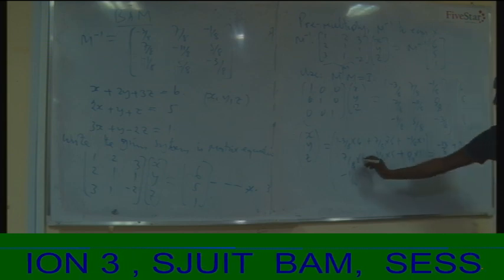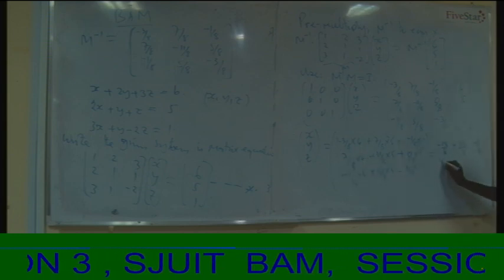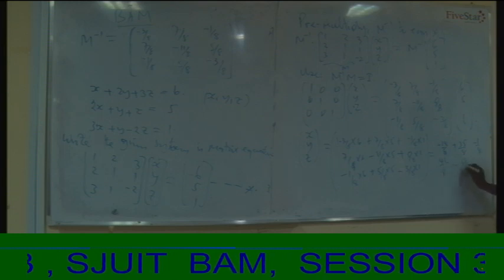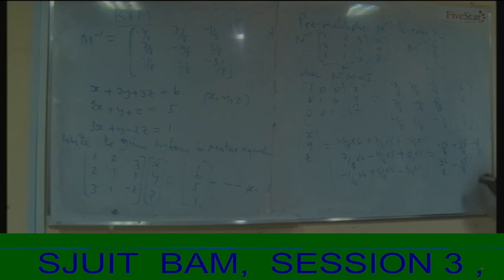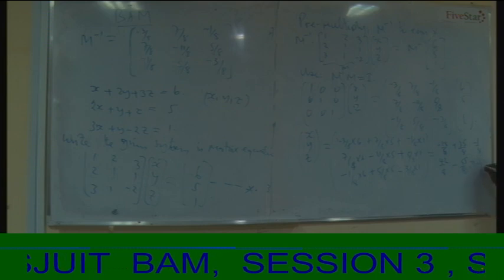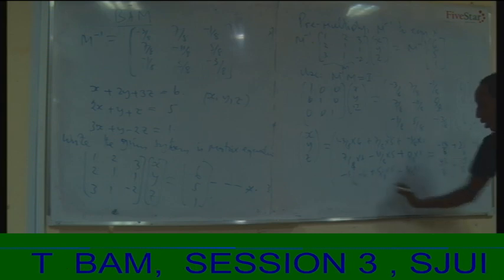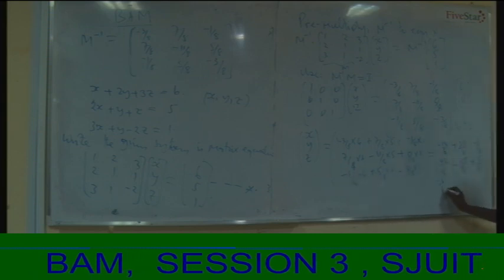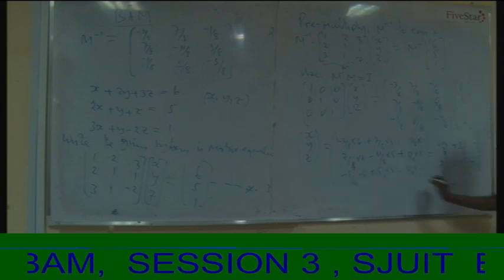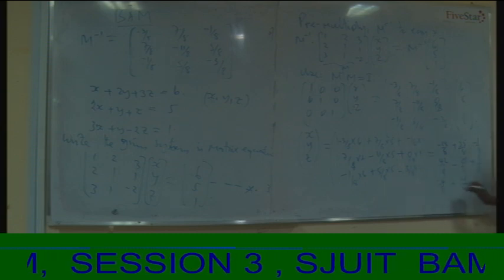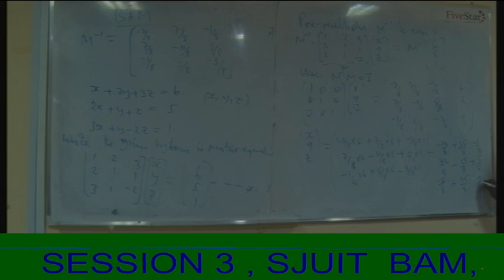The second row: 7 times 6 is 42 over 8, minus 55 over 8, and then plus 5 over 8. And the last row is negative 1 times 6, which is negative 6 over 8, plus 5 times 5, which is 25 over 8, and then lastly 3 times 1 is negative 3 over 8.